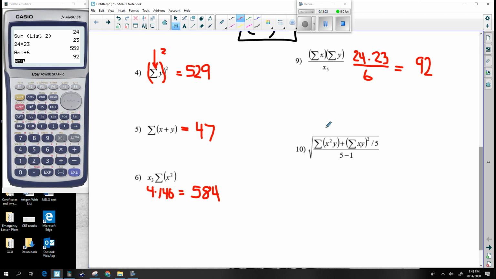All right, number 10, I'm going to break this into, in essence, 3 different pieces. I'm going to break this into that first chunk, that second chunk, third chunk, divide them, and square root. So the first chunk, that summation of x squared y. So this is going to be the summation of x squared y.